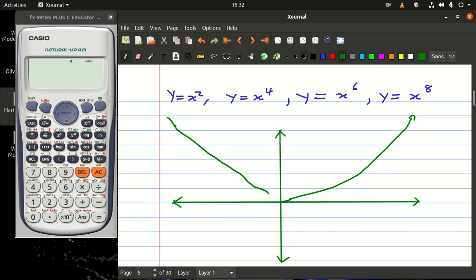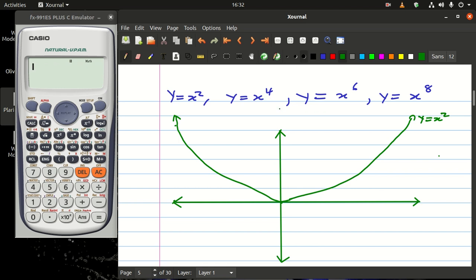I've tried, not bad. Now it's supposed to be like this. It's fine, let's work with this one. Now this is y equals x squared.